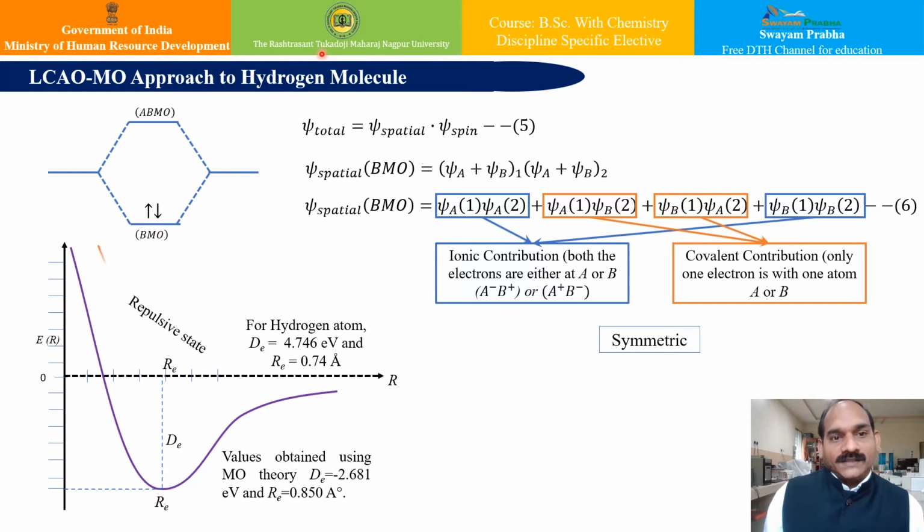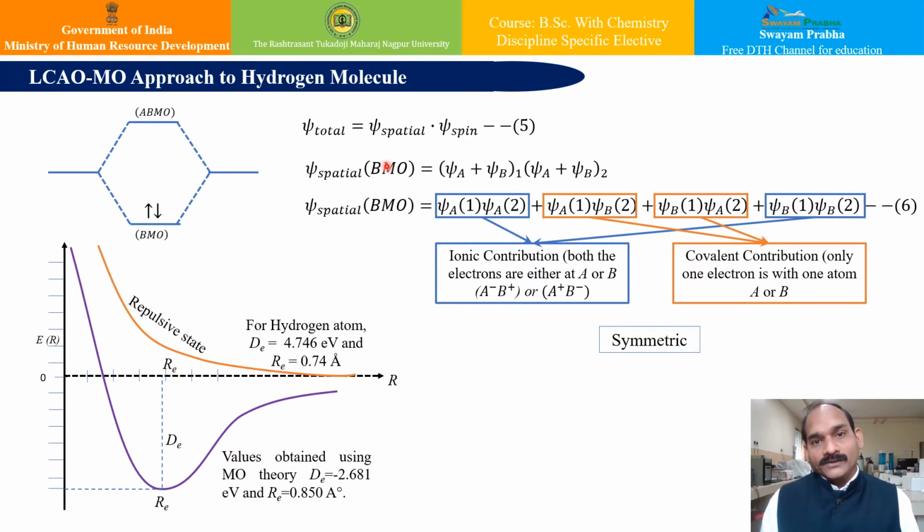Now, this LCAO-MO approach to the hydrogen molecule will give an opportunity to set up the wave function, and that too the spatial wave function, which we can analyze with this expression. However, the total wave function for this particular system, hydrogen, wherein two nuclei and two electrons are involved, is not that simple to set up, because this wave function comprises two parts, the spatial part and the spin part.